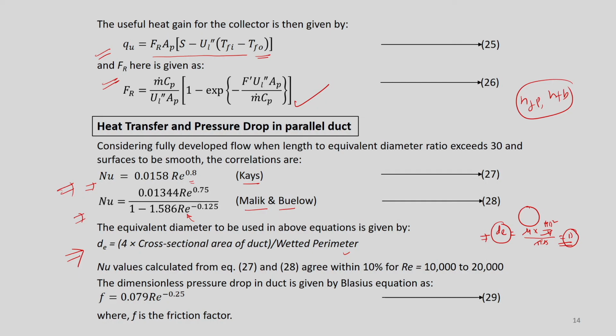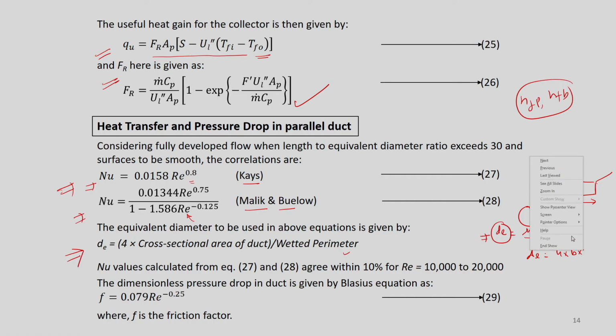But in case of the section we are considering now, this kind of section, if we know this B and this L, we must know this area. D_E will be 4 into the cross sectional area.